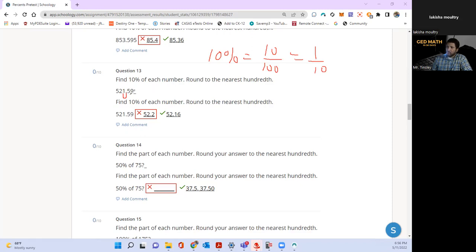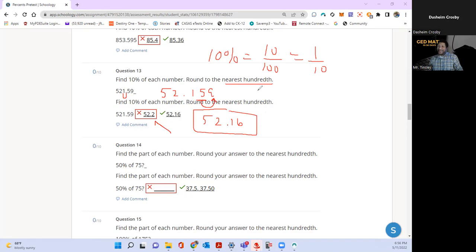So your answer, if you move the decimal one place to the left, 52.159. Round to the nearest hundredths place. So the hundredths place is this 5. Look at the number to the right. Since that's 5 or above, that 5 becomes a 6. So the correct answer should have been 52.16. You rounded off to the nearest tenth, not the nearest hundredth.